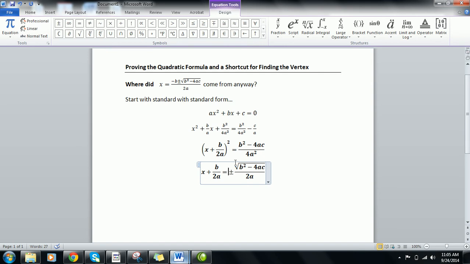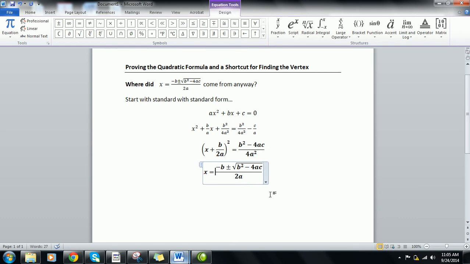I have negative b over 2a out front, and I'm going to subtract it from here too, so bye-bye. And now since they're all in the common denominator 2a, I can just smush them. So I get negative b, put the plus or minus here, and I've added them together. There we go. There's our quadratic formula.